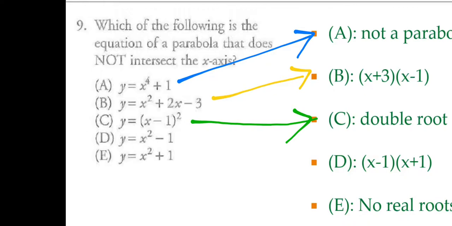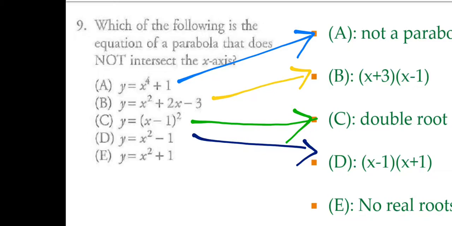If you go with option D, these are 2 distinct roots, x - 1 and x + 1.